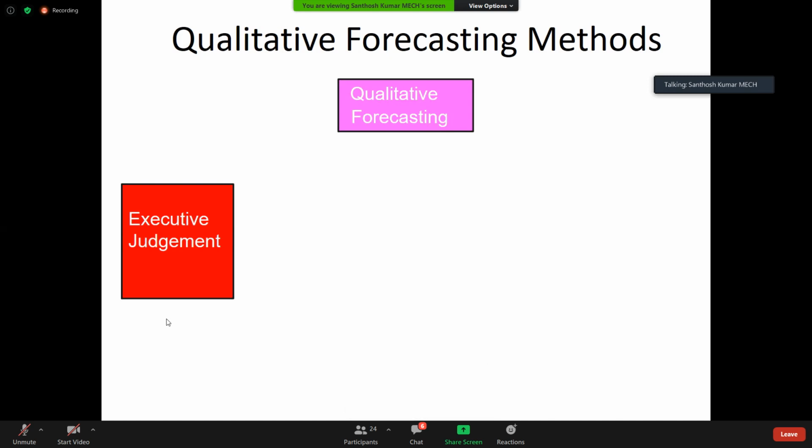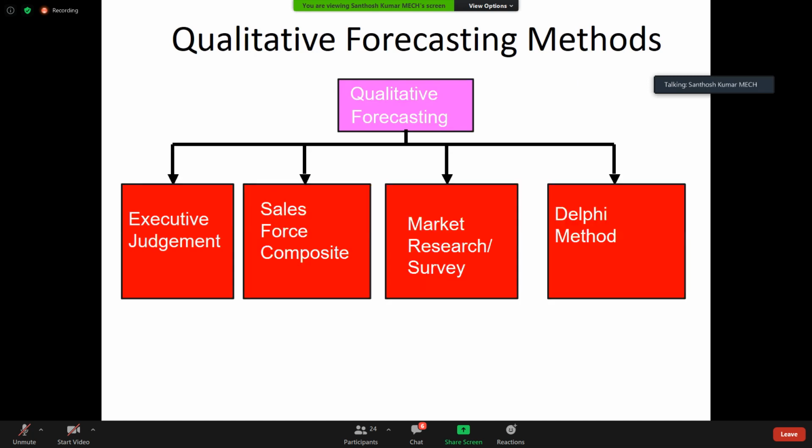Based upon that, they present to managers and shop floor people, who will forecast their material or process for further manufacturing stages. This forecasting can also be done through sales force composite and market research surveys.